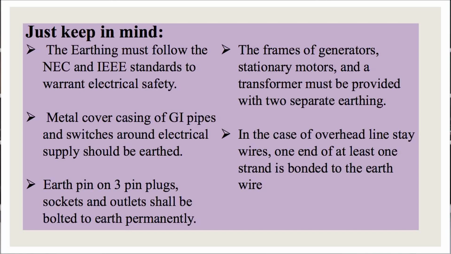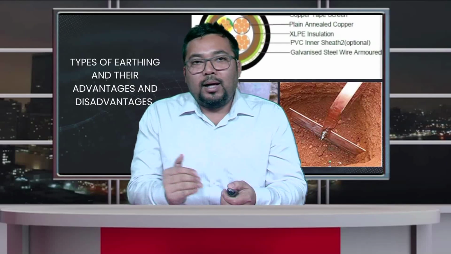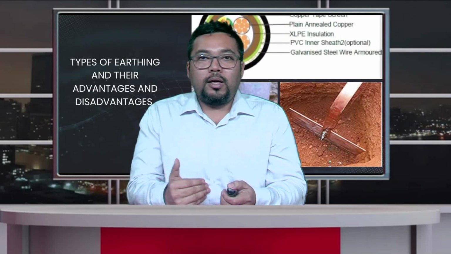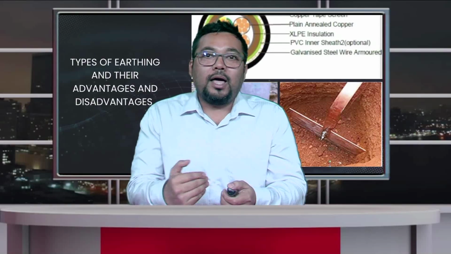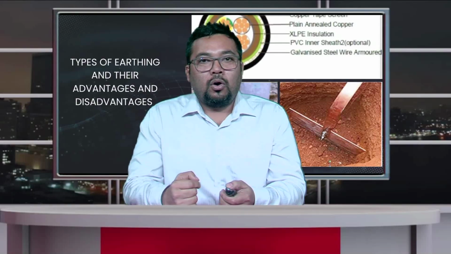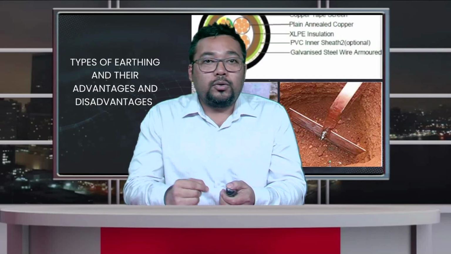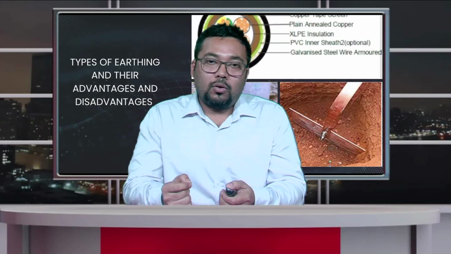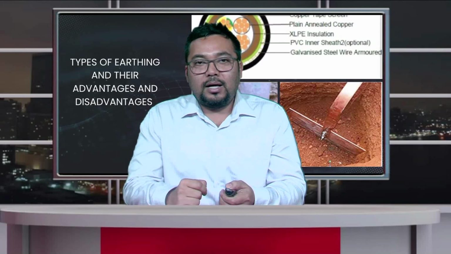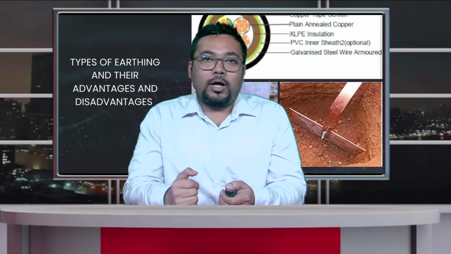In the case of overhead lines, stay wires, one end of at least one strand is bonded to the earth wire to provide a safety path of lower impedance to ground in the event of stray current or lightning strike to reduce the chance of electric shock to the public or any other person or animal.